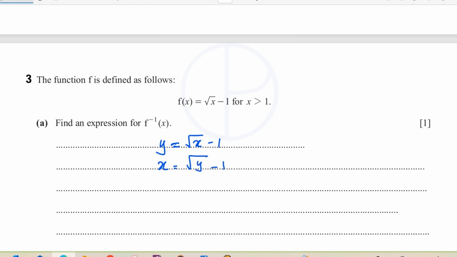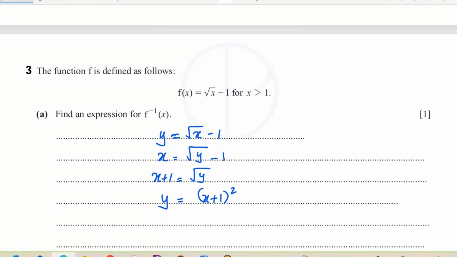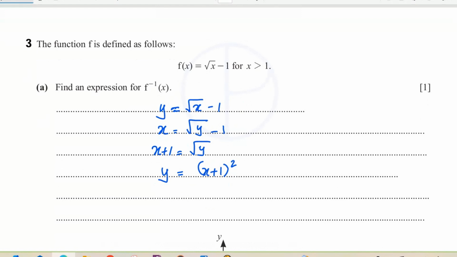Now make y the subject, so x plus 1 equal to square root of y. We can write this as y is equal to x plus 1 the whole square. So replacing y by f inverse of x, f inverse of x equal to x plus 1 the whole square.